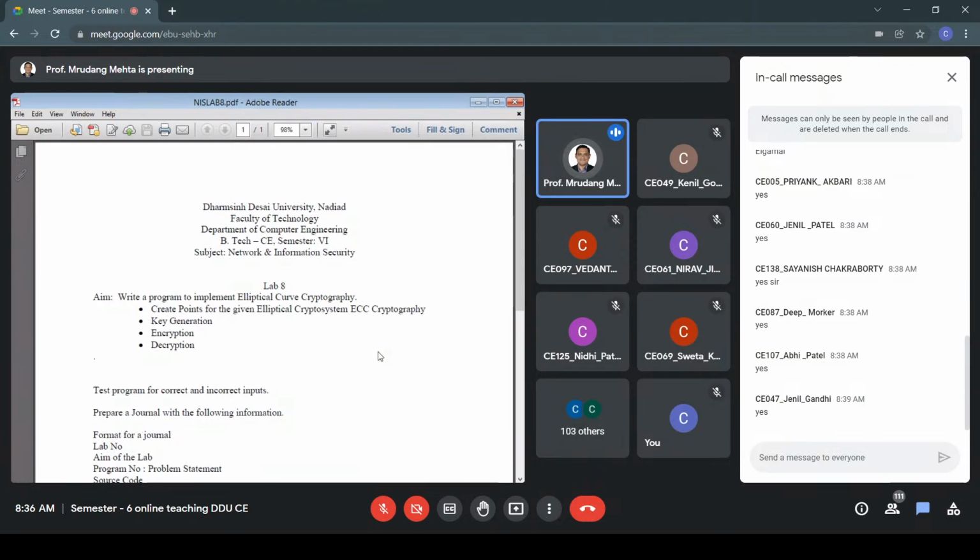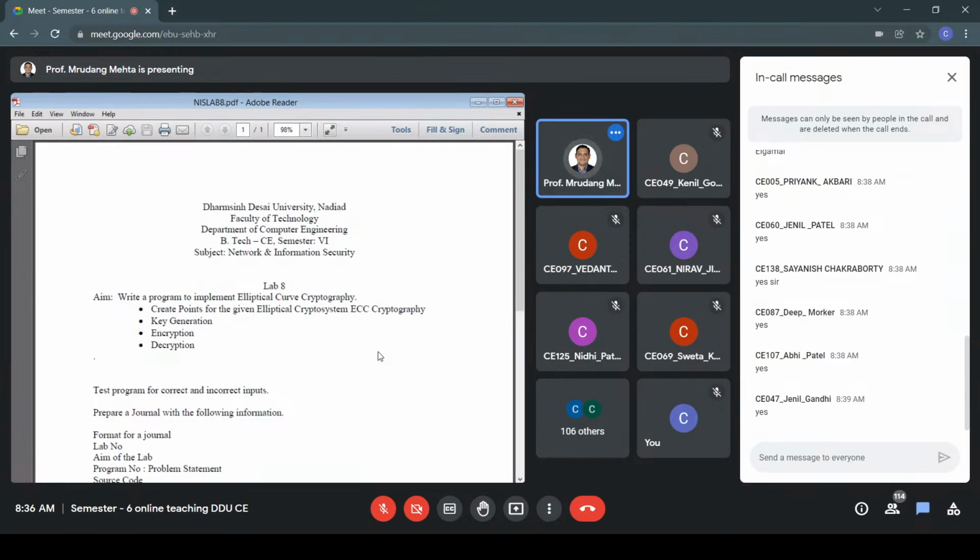Another thing is that once you create a point, then you have to generate a key, and when you generate a key you have to use an operator, that is the multiplication operator, and multiplication is defined with the help of the addition operator.